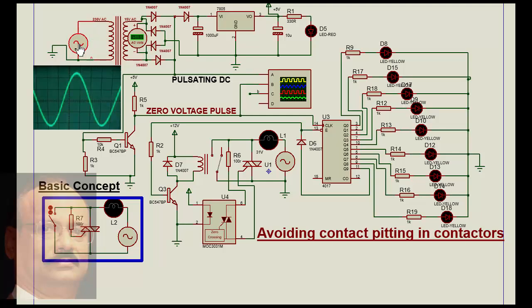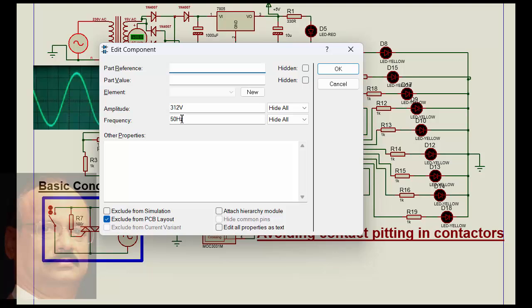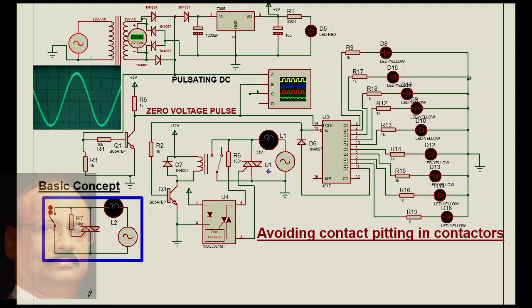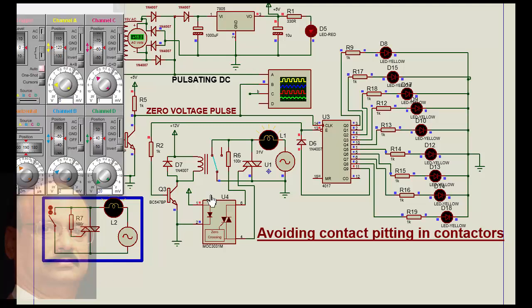Now let us start with a particular frequency. Let me start with a 50 Hz frequency, and 312 volts is the peak voltage, and the RMS of course will be different as far as the calculation is concerned. And then when we switch on this, what we notice is that this is very fast.